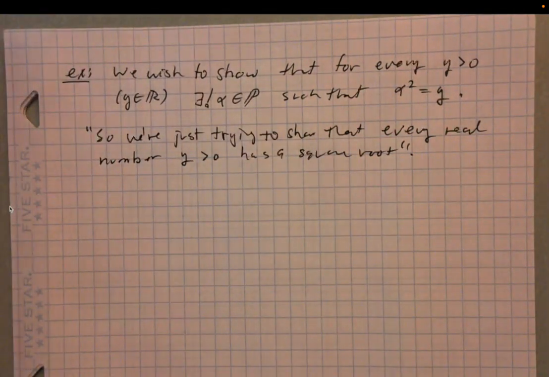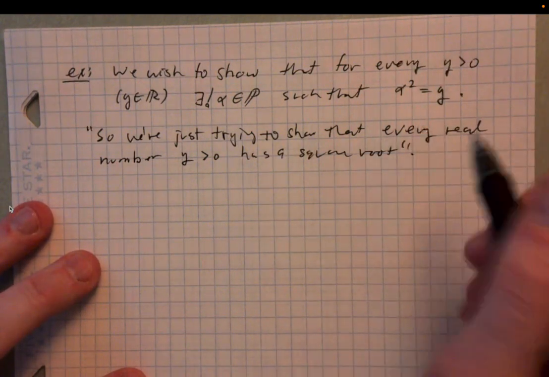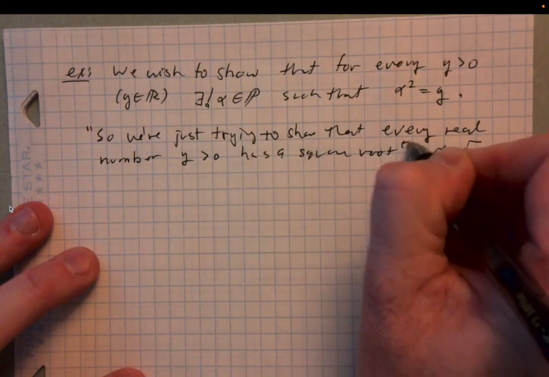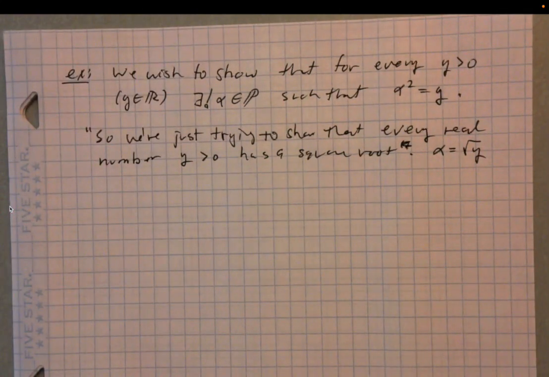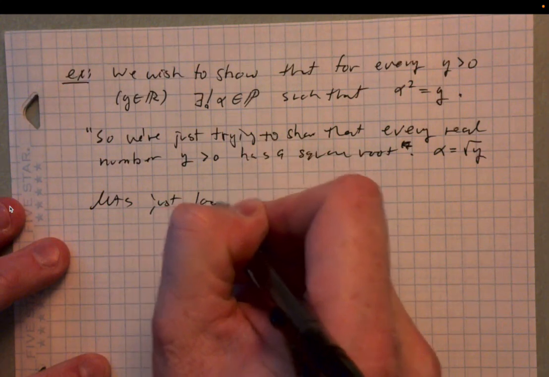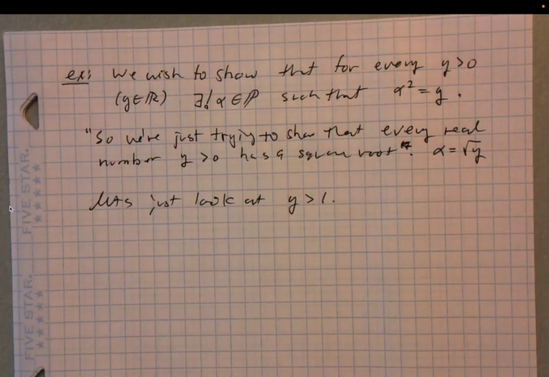Just to put a little plain English on there, every real number y greater than or equal to 0 has a square root, and we should write it so alpha would be equal to the square root of y. Okay, so let's narrow this down a little further. Let's just look at the y's greater than 1. All right, we'll actually narrow it down just a little tighter.